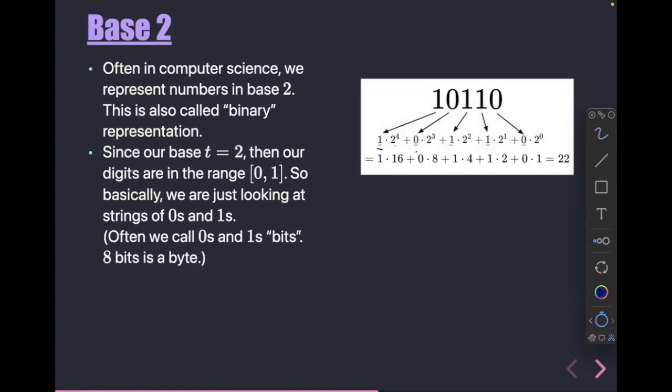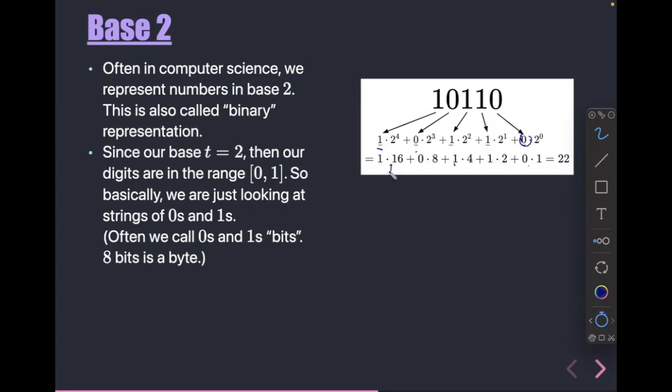So I take 2 to the 4, and that's 16, and I'm multiplying that by 1. So I have 1 times 16. 2 to the 3 is 8, multiplying that by 0. 2 to the 2 is 4, multiplying that by 1. 2 to the 1 is 2, multiplying that by 1. And 2 to the 0 is 1, and I'm multiplying that by my digit 0. Then I pull that all down and sum it up.